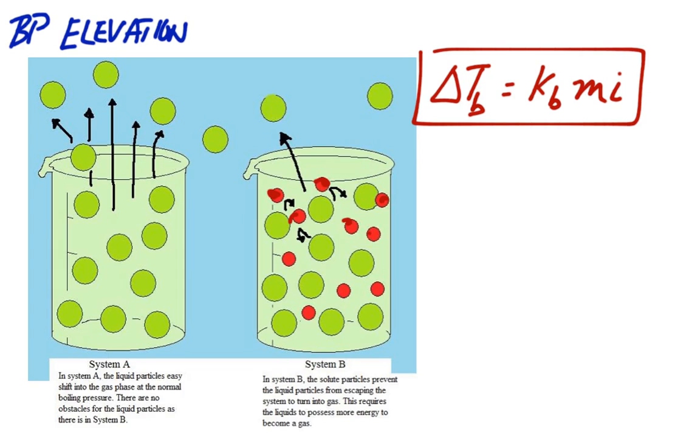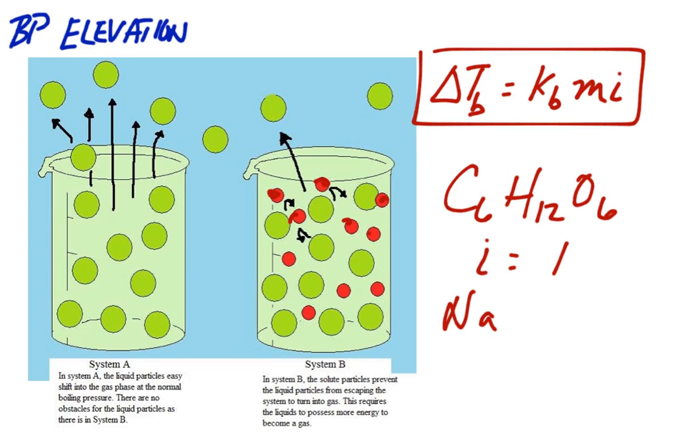For example, if you put something like glucose, C6H12O6, into solution, it will not break apart. Therefore, the i factor of this is 1. However, if you take NaCl and you place it into water, it will break into Na+ and Cl-. Therefore, the i factor for this is 2. We'll be working some calculations with this in class as we figure out our puzzle.